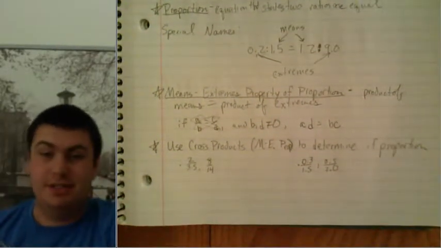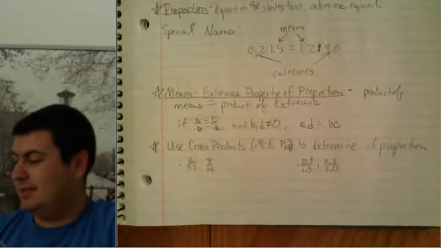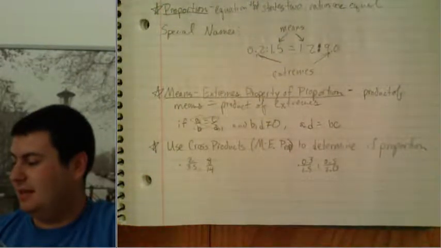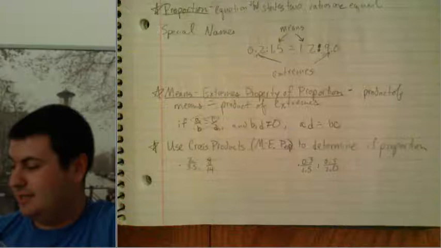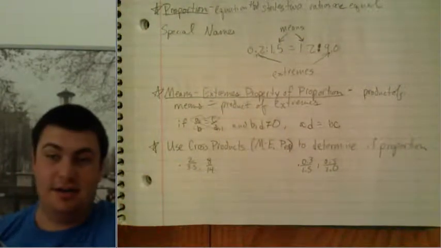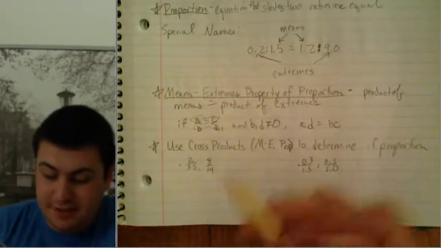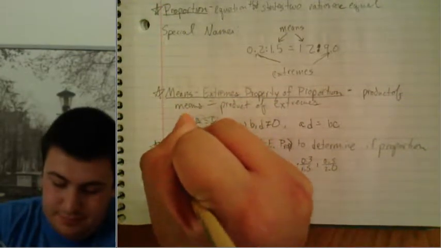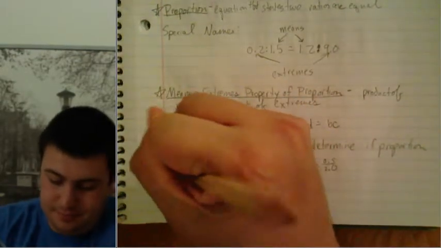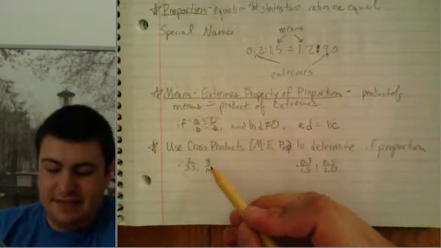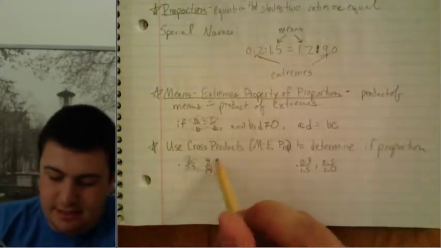So we are going to use cross products to determine if the following ratios are proportions. If we look at 2 to 3.5 and 8 to 14, we're going to look at the cross products.